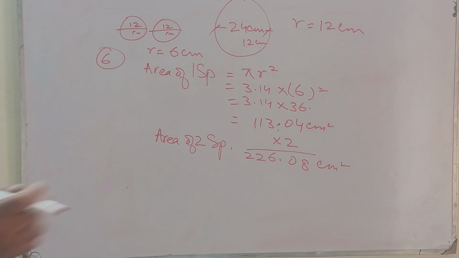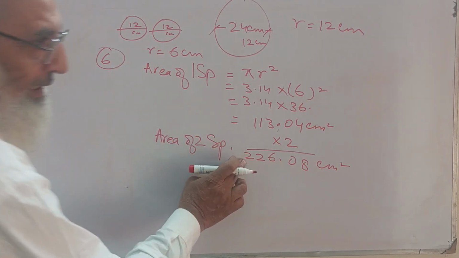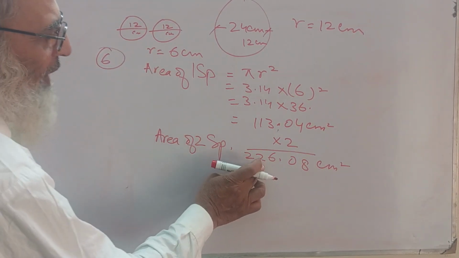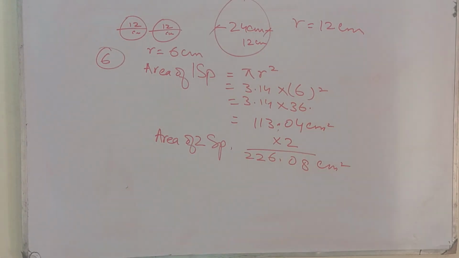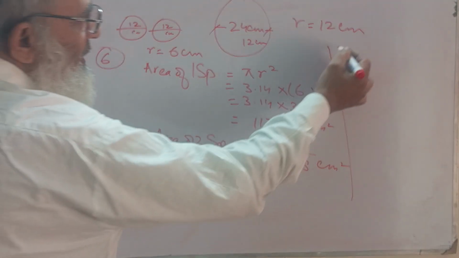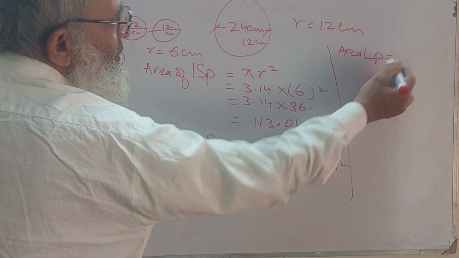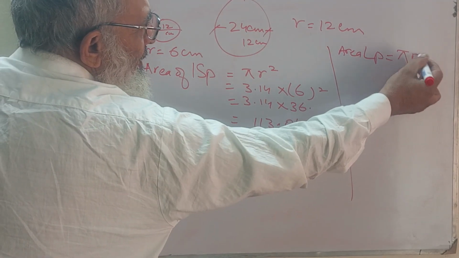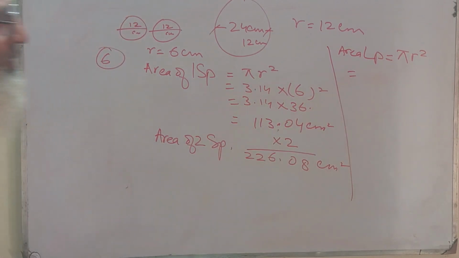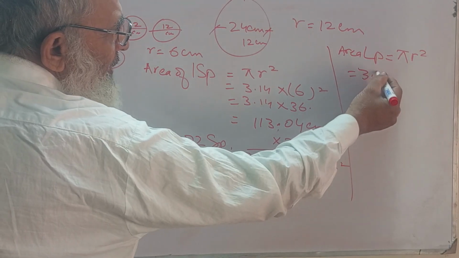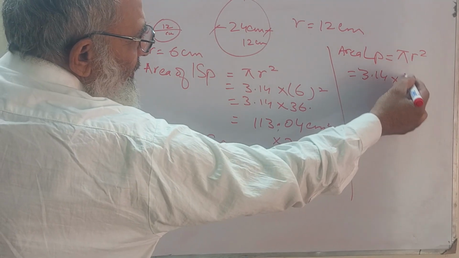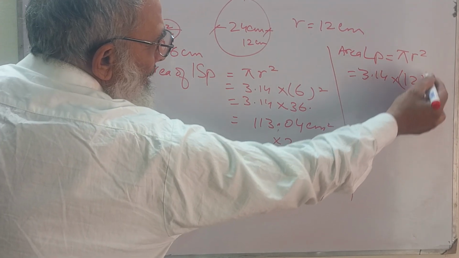Now the area of two smaller pizzas collectively is 226.08 centimeters square. The area of the larger pizza is equal to pi r square, which is 3.14 multiplied by 12 the whole square.